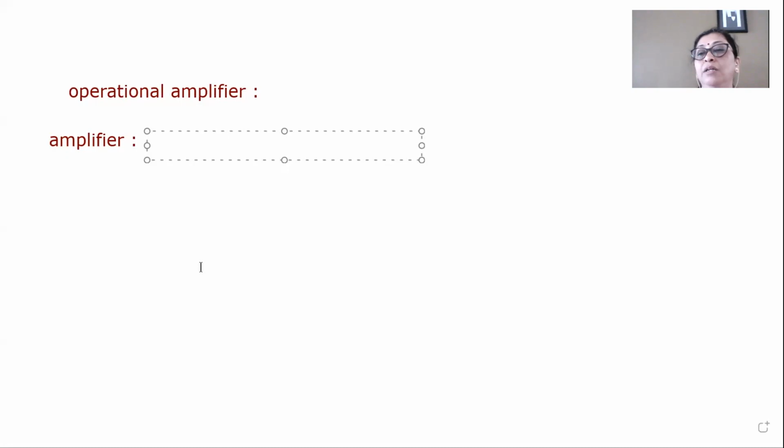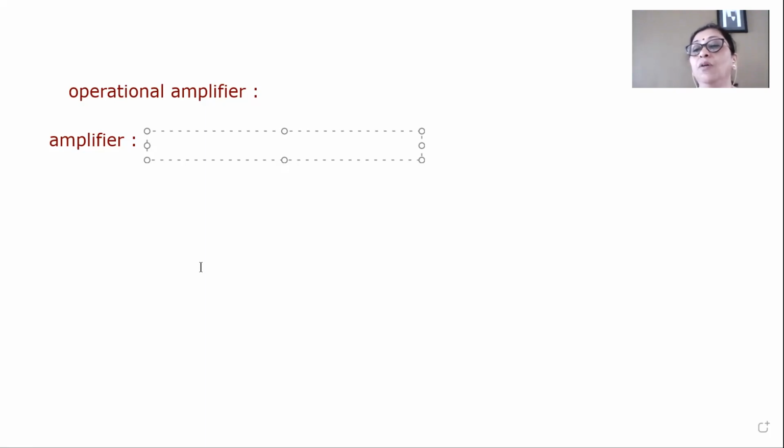Okay, and first you should know why it is called an operational amplifier. Initially, this kind of amplifier was used to perform mathematical operations. So it is used in analog computation. Initially, the computers were not digital computers, but analog computers.